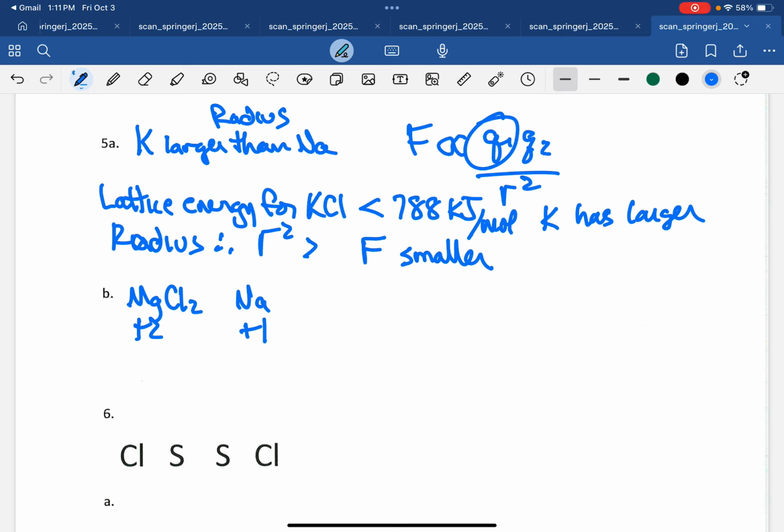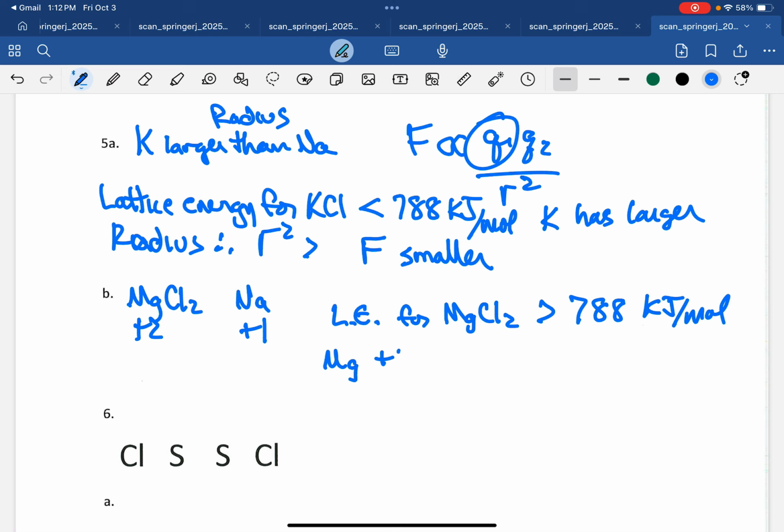So it's going to be twice as much force. So lattice energy for MgCl2 should be greater than 788 kilojoules per mole because magnesium is a +2, whereas Na has a +1 charge, right? Greater Q1.